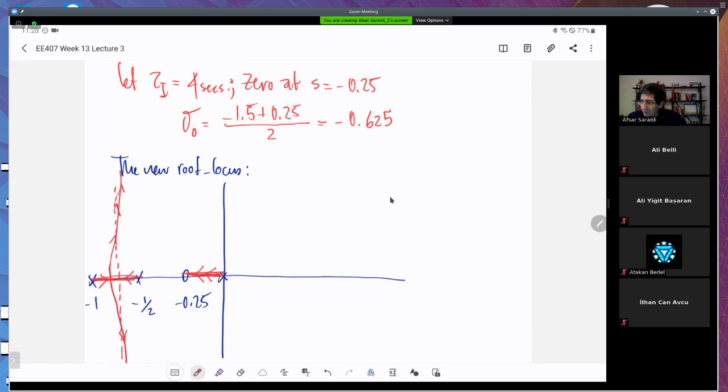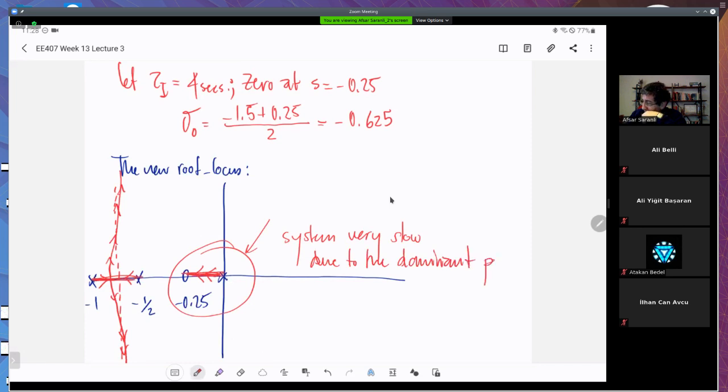Okay, we don't know how exactly, but it's gonna look roughly like this. Okay, again, the system is very slow due to the dominant pole. Also close to the stability boundary again, right?